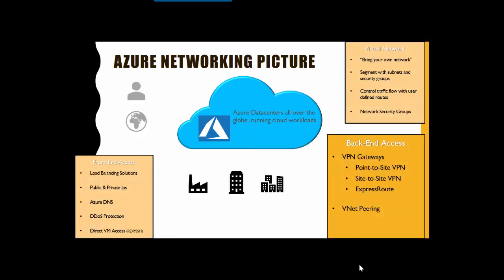Lastly, taking a look at the backend access, it's mainly pointing to virtual private networks, where Azure gives you point-to-site VPN from one individual developer workstation or an admin workstation if you want, connecting to the Azure backend, site-to-site VPN, allowing you to really build out an integration from your on-prem existing data centers or multiple office locations all over the world into the Azure data centers, or the more powerful one, providing you more bandwidth, is called ExpressRoute.